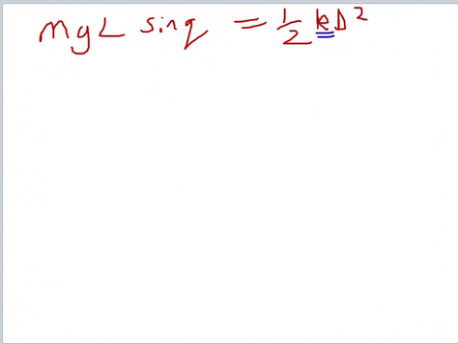So let's rearrange it to make k the subject. Multiply both sides by 2 and divide by d squared to get rid of the half and the d squared. So that means 2mgL sine q over d squared equals k.